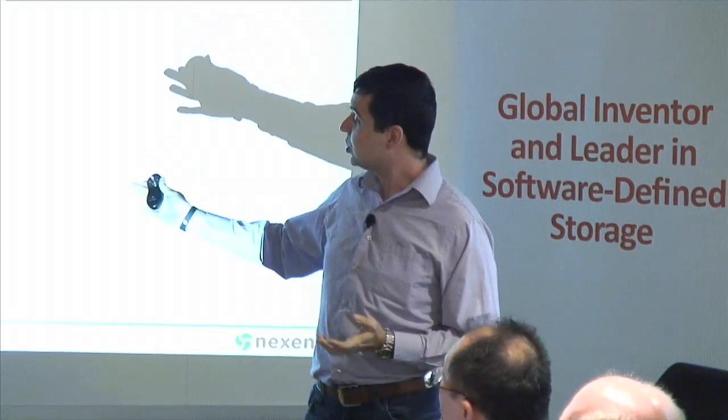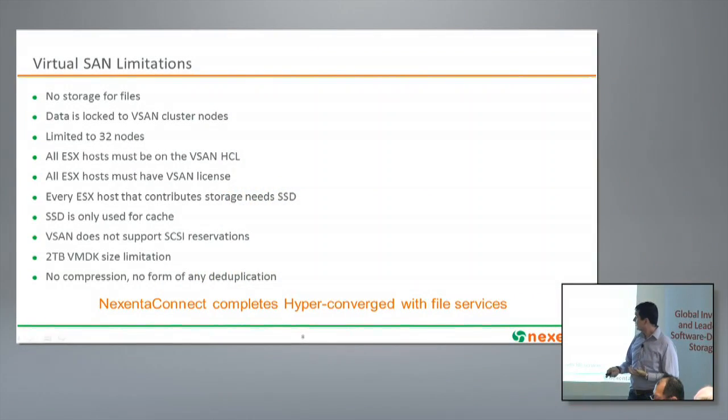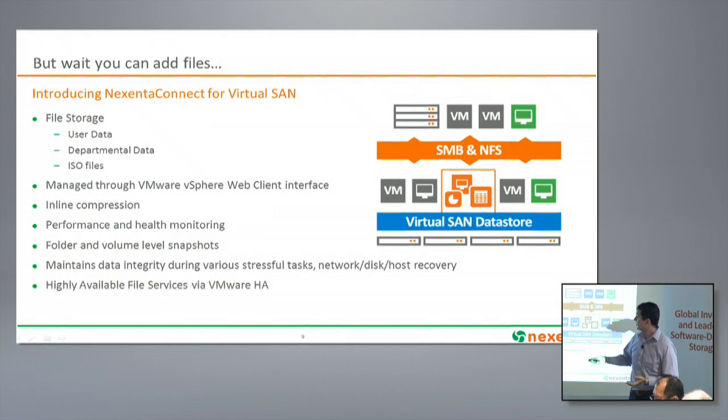And also, there is no compression and no form of data deduplication yet. So what Nexenta Connect does is completely hyperconverged with file services on top. We will look into the user interface web client next, but it is very basic.